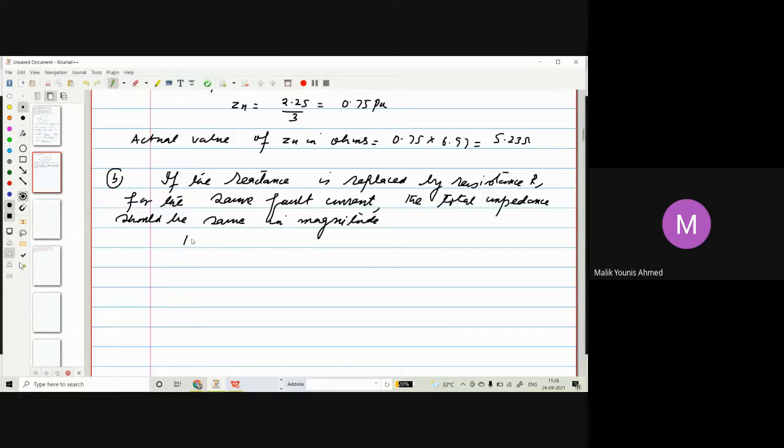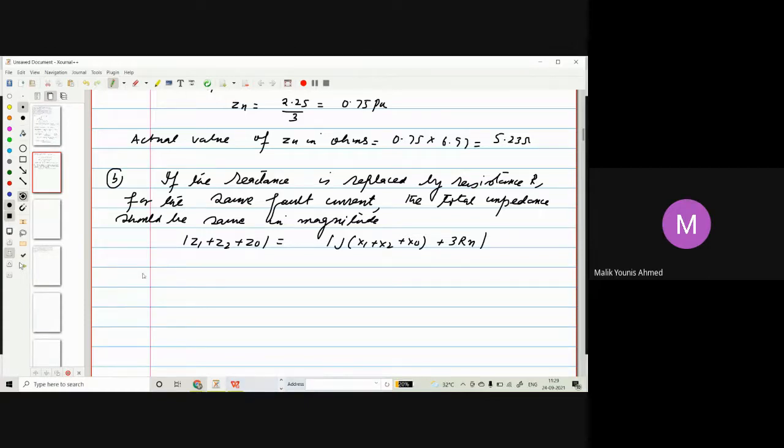So that means mod of Z1 plus Z2 plus Z0 should be equal to mod of j(X1 plus X2 plus X0) and then 3Rn. Impedances will be the same. So that Z0 here, instead of Z0, Xn will not be there, but 3Rn will be added.